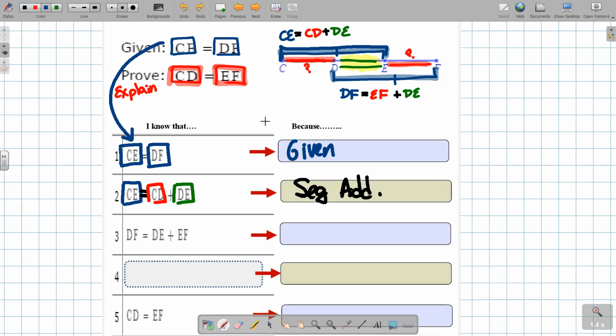We also know that DF, color code this, that's blue, is equal to DE, that's the green, plus the red segment EF. Why is that true? That's also called segment addition.